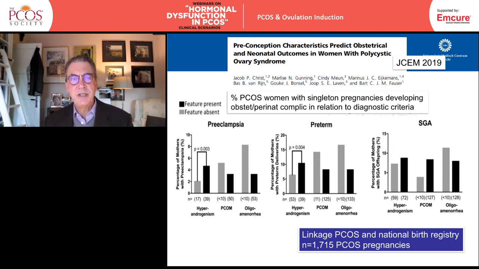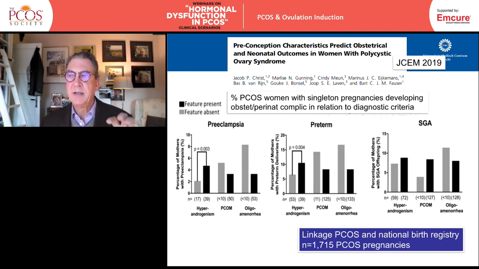We also, and this is more recent, linked our PCOS database, which we have shared in Rotterdam and in Utrecht, with our national birth registry. In the Netherlands, we are not so good in monitoring our health outcomes, but the birth registry is very reliable.